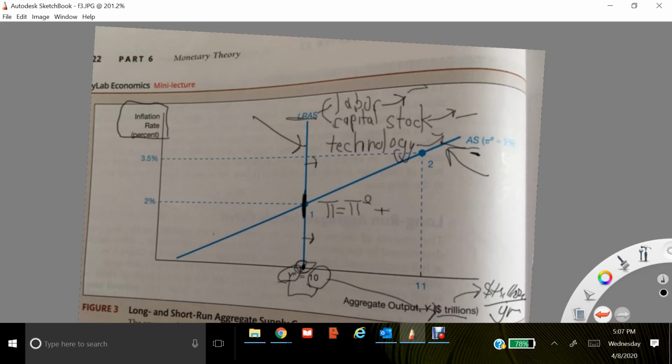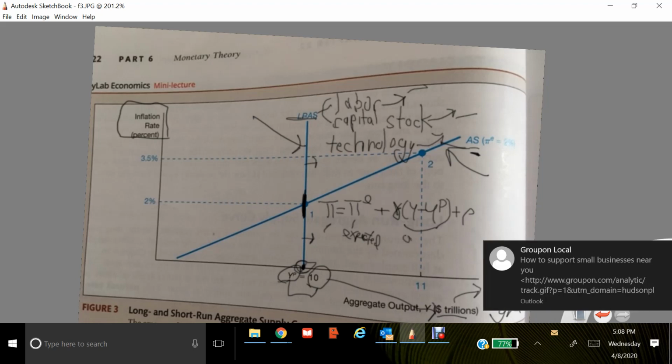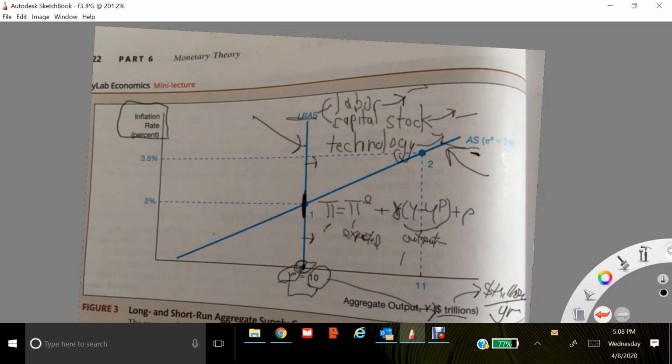And so we have this equation here. What this says is inflation equals expected inflation plus some constant times the difference between output and potential output.